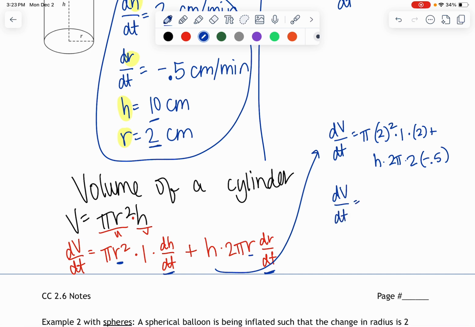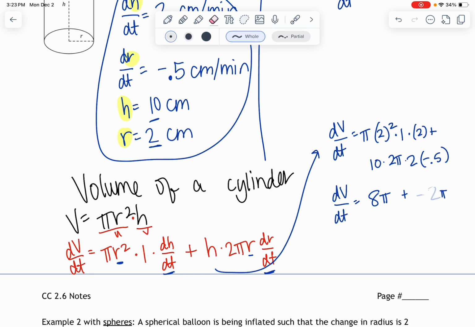So 2 squared is 4. 4 times 2 would be 8 pi, plus 2 times 2 would be 4, times negative half would be minus 2 pi. Oops, I wrote h here and forgot to plug in h, so I got to go back and write a 10 there.